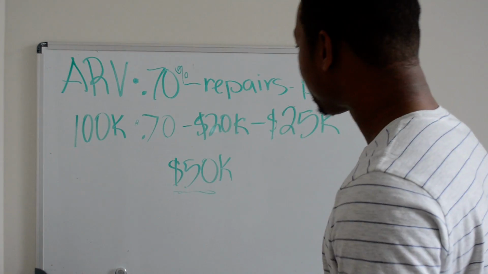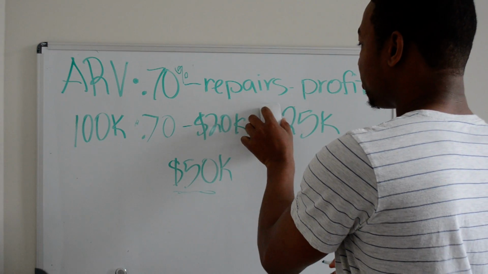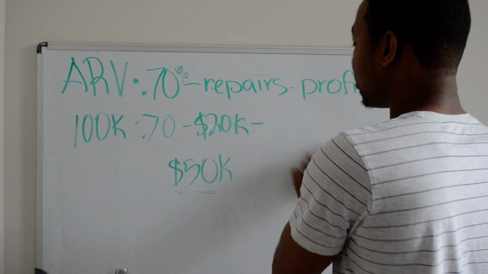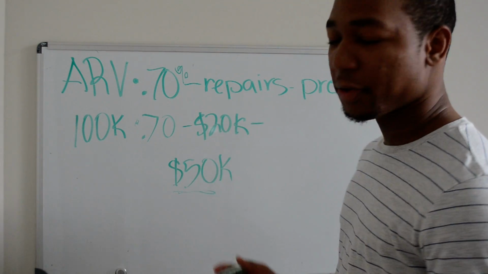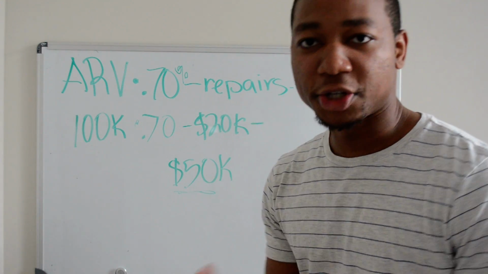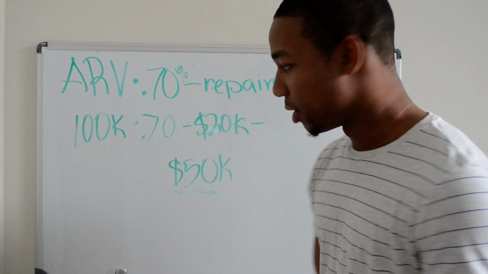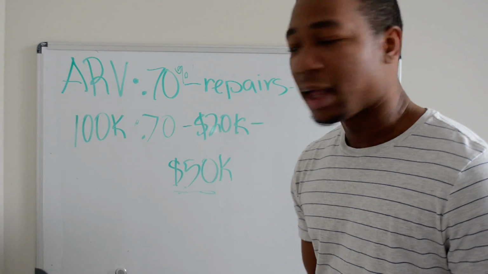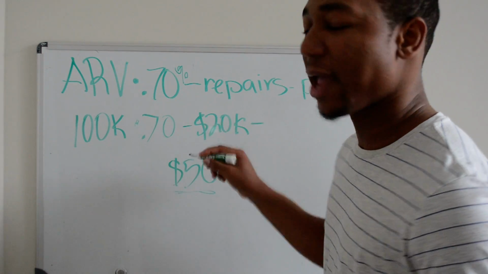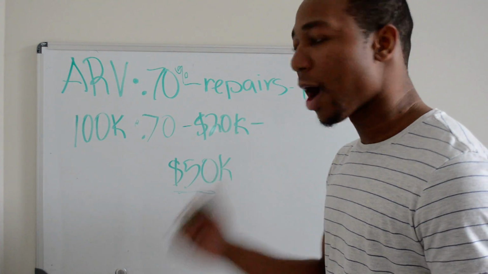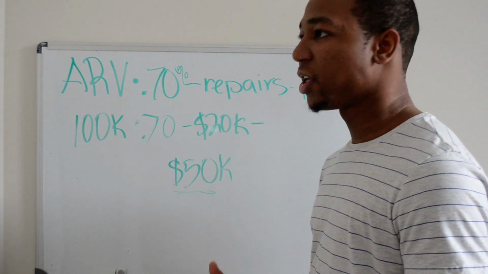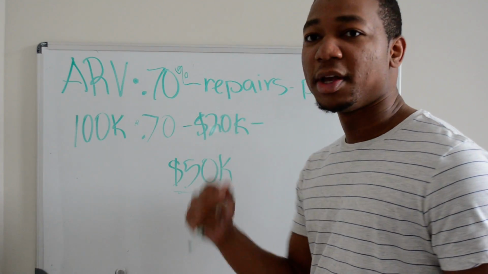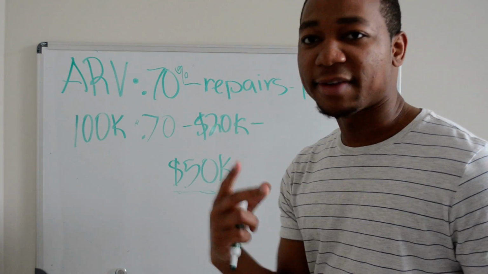So let's just say you negotiate with the seller and the price you negotiate with the seller is $49,000. So you and the seller both agree to $49,000. What does that mean? That does not mean that the repairs are going to be any less. Because the property is still going to need sheetrock, it's still going to need new doors, it's still going to need landscaping, it's still going to need all these different things.